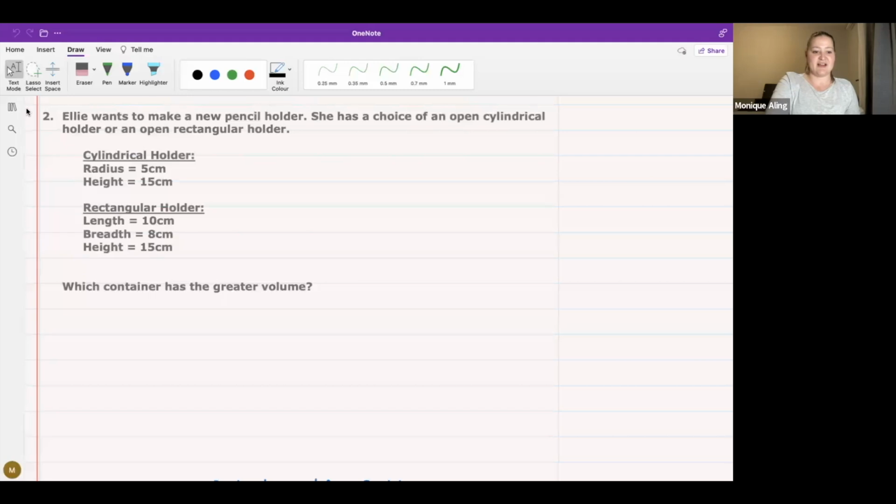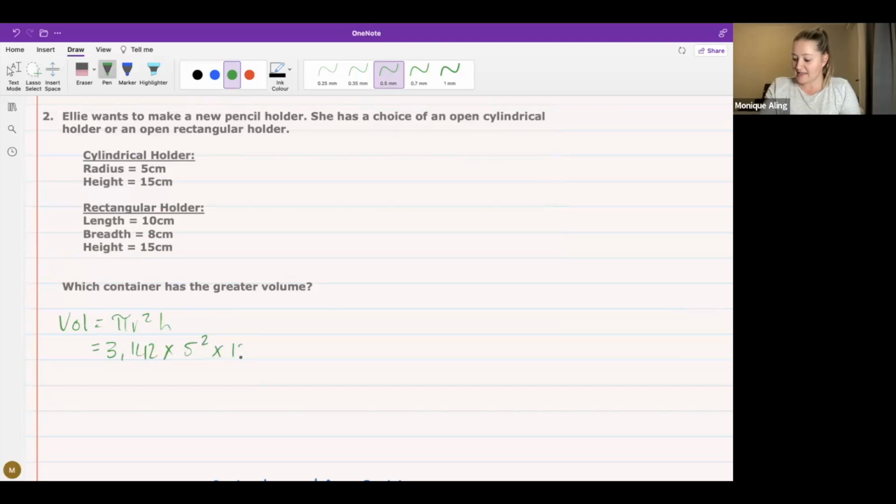Yes, so nice. Okay, so looking at the cylindrical holder, the volume is pi r squared times height, so it's 3.142 times our radius, and that was given to us for a change, times height, and that gives you 1,178.25 centimeters cubed.